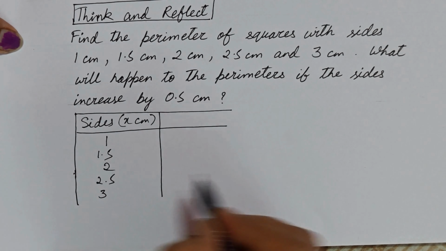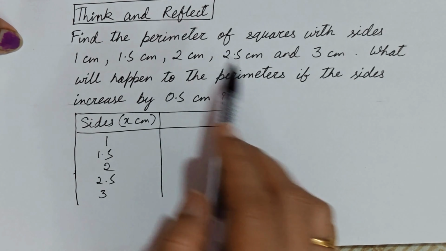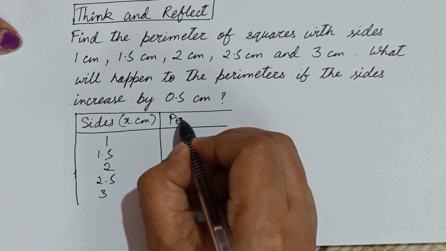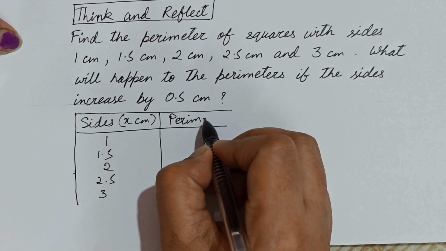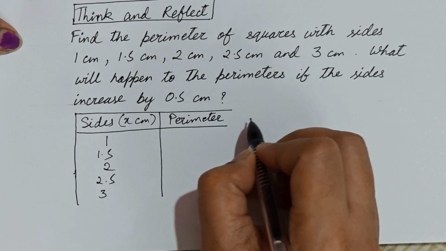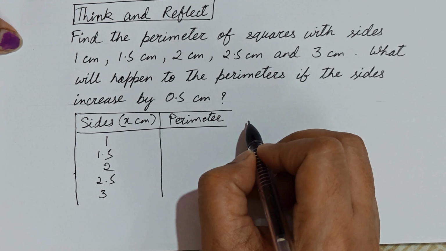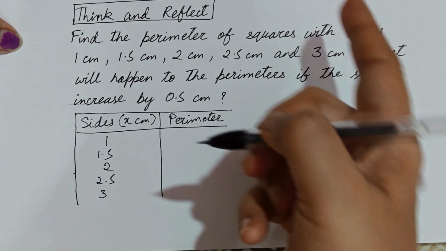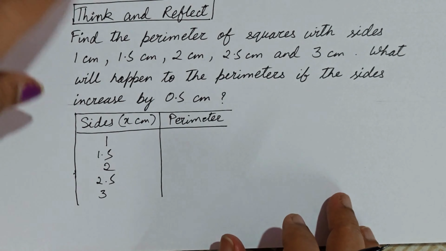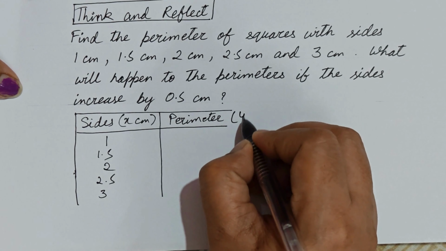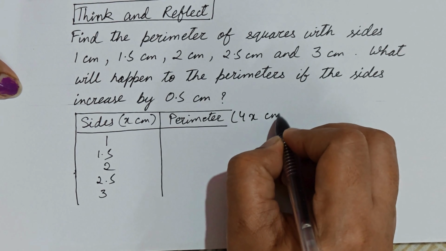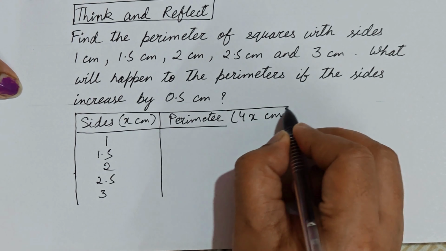This they have asked. Now find the perimeter. So in the right hand column we will take the perimeter. I have just explained earlier that the perimeter of a square is 4x centimeter.